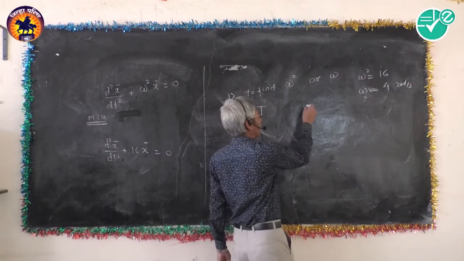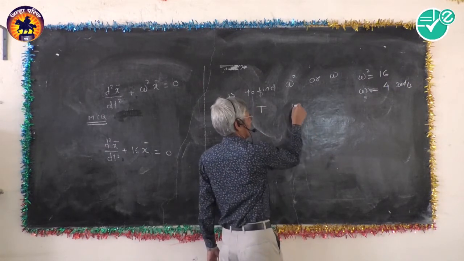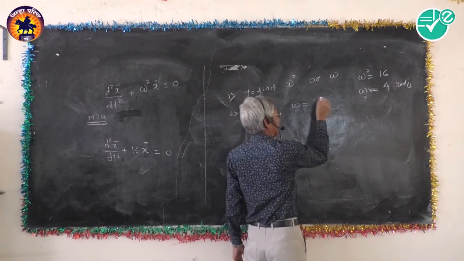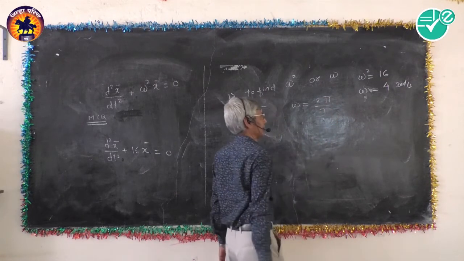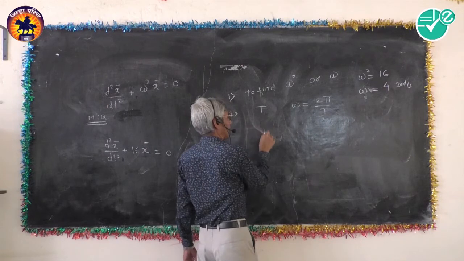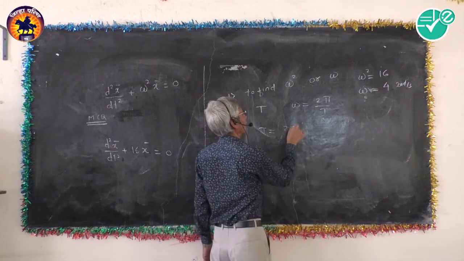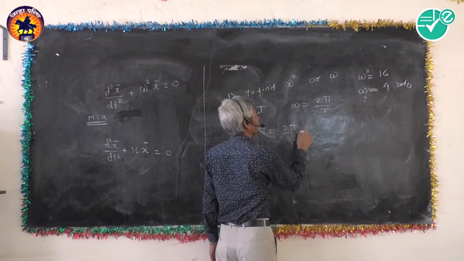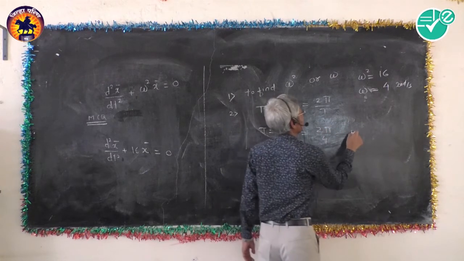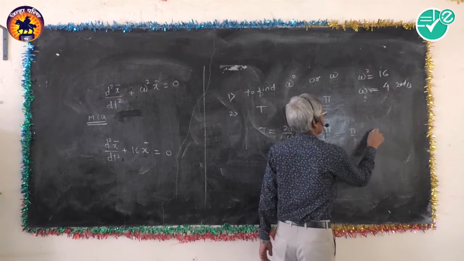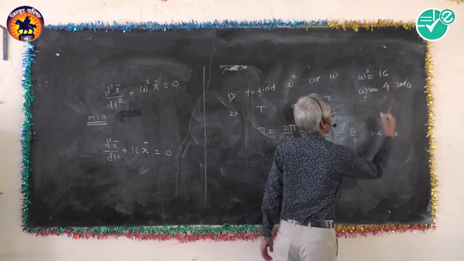By using this value of omega, which is equal to 4, and omega equal to 2 pi by capital T, we have capital T equal to 2 pi by omega. So the answer becomes 2 pi by 4, that is pi by 2, which is 1.57 seconds.